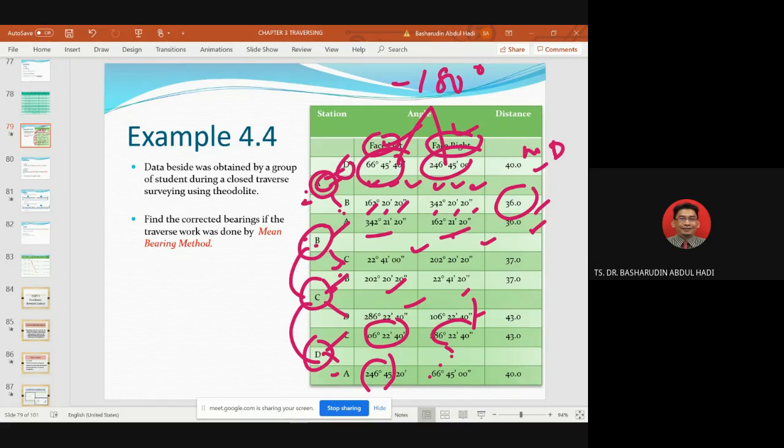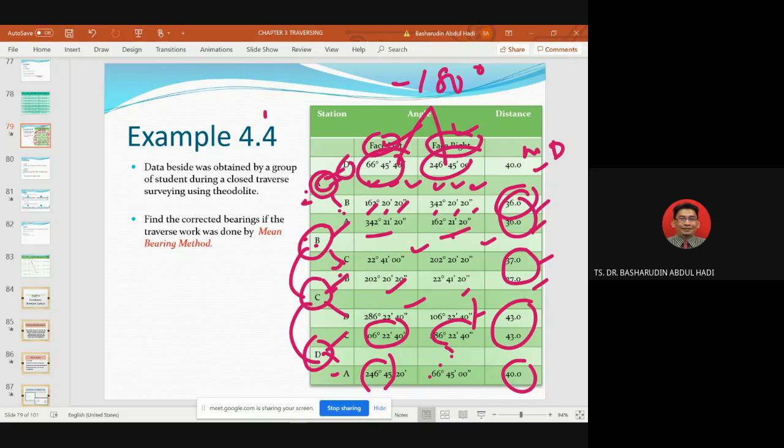B to A is around 36.0 meters. B to C is 37, C to B is 37 because it's the same, right? C to D and D to C are the same. And D to A is 40 meters, measured by using tape.